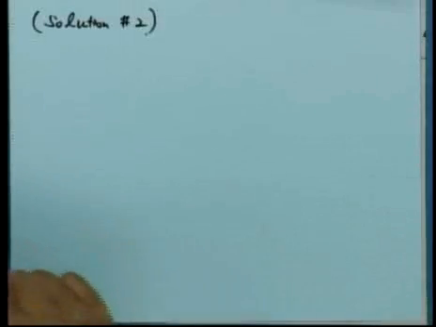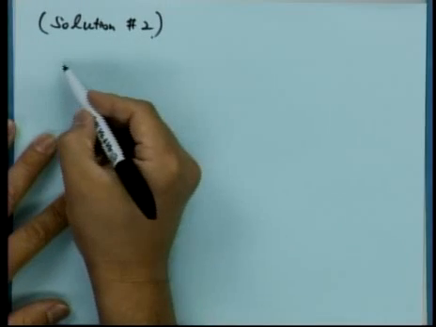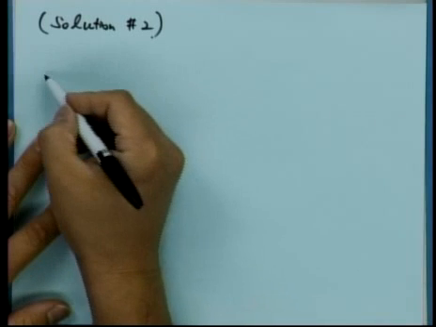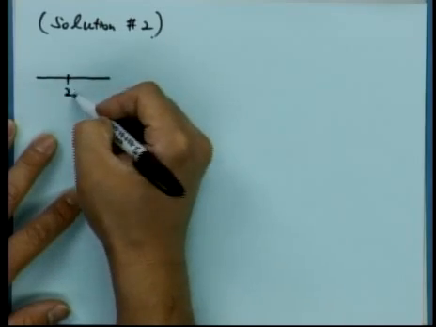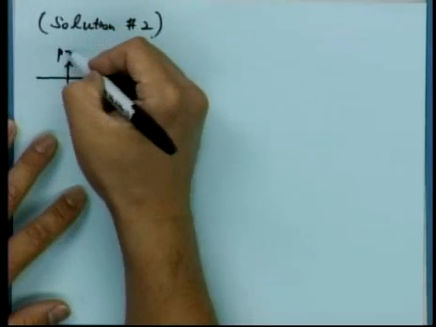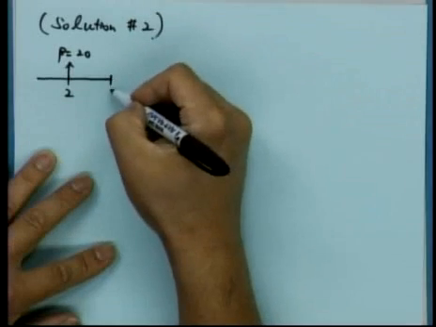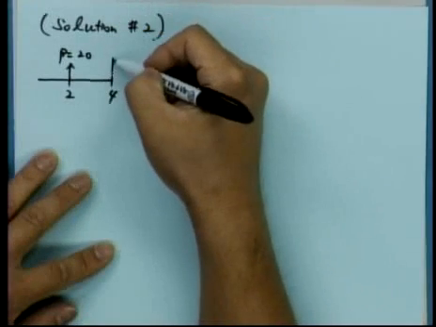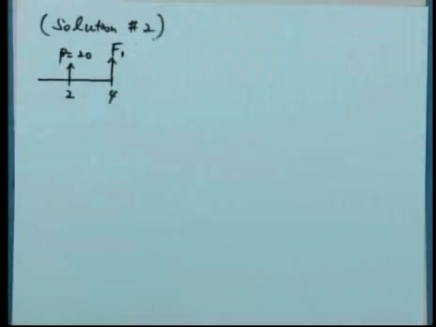So we have 3 different cash flows. The first one is at the end of period 2. We have a future value of 20. And at the end of period 4, we have a future value, let's say, F sub 1.